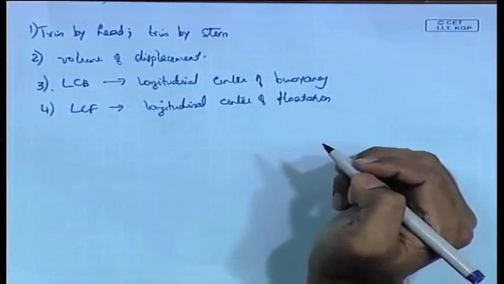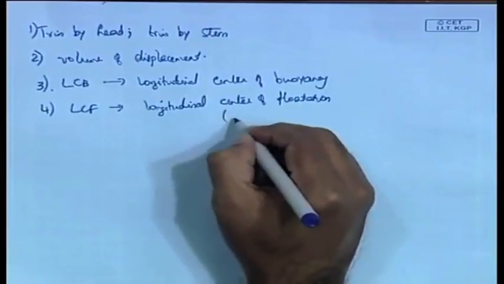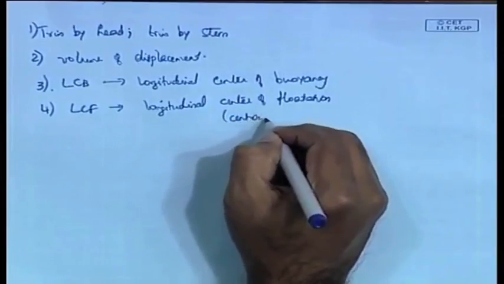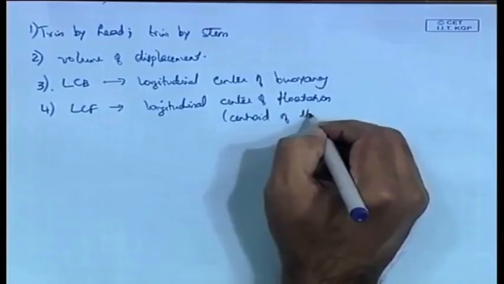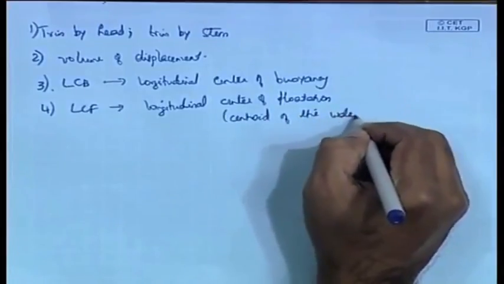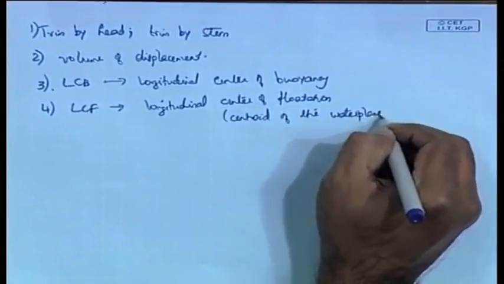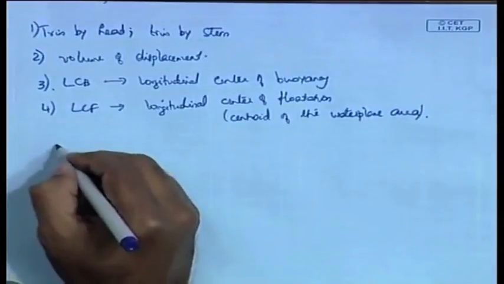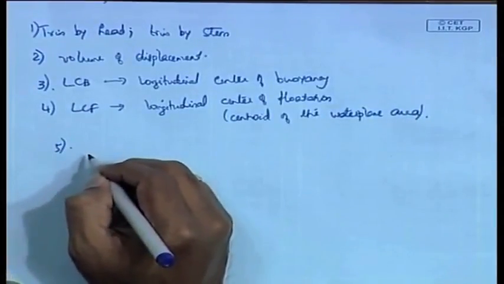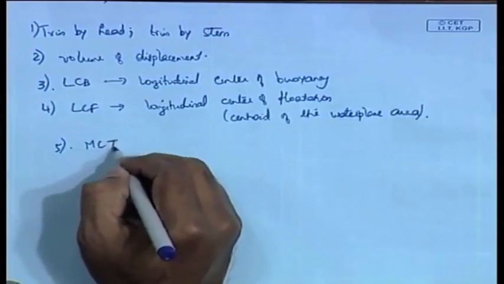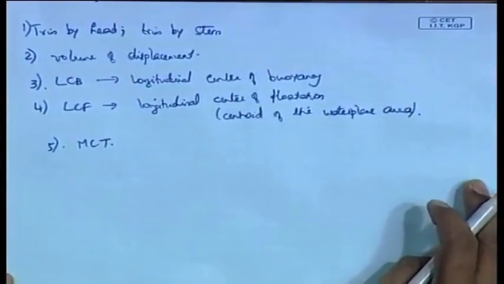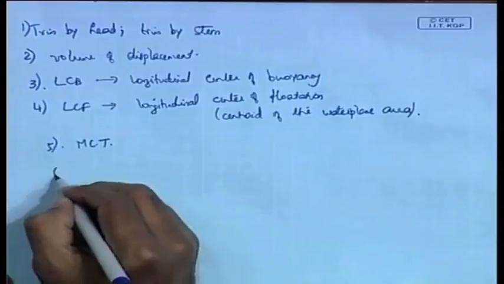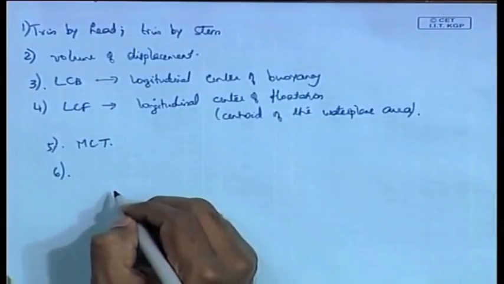Longitudinal center of flotation is the centroid of the water plane area, we have discussed it. So, this is known as the LCF. Then we talked about moment to change the trim, MCT, moment to change the trim by 1 meter. This is another important term.